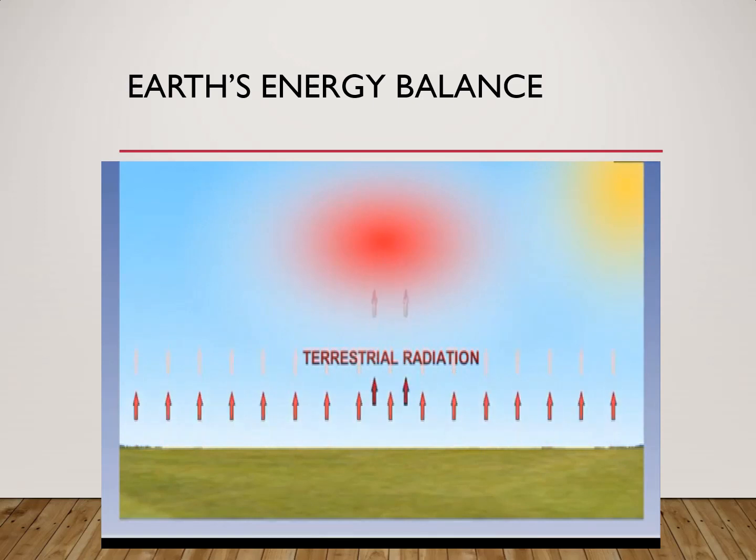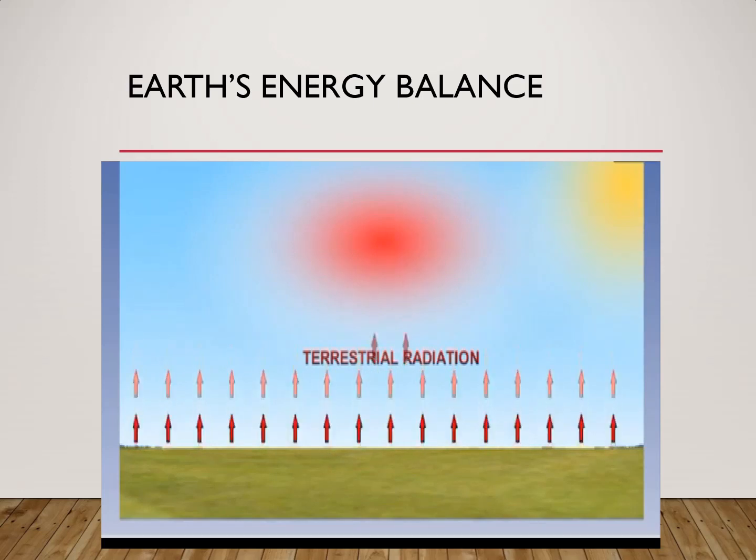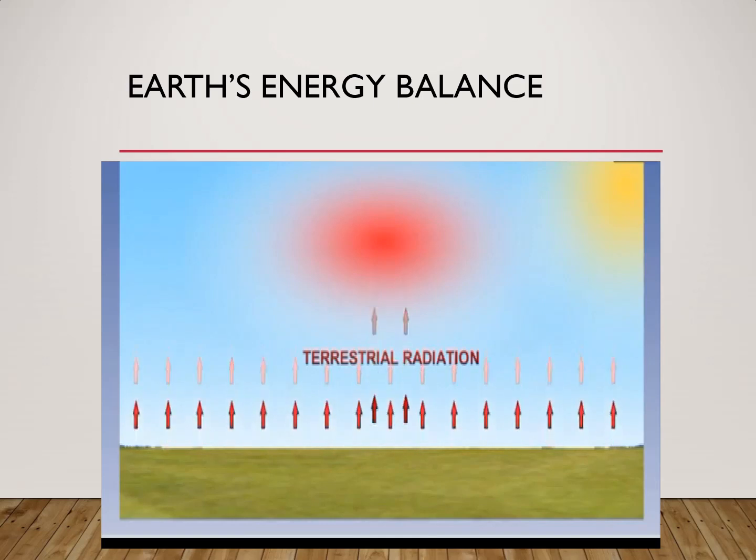This is how the atmosphere is heated up during the night. The atmosphere does not become very cold during the night, as CO2 and H2O absorb this terrestrial radiation. This explains how the atmosphere is heated more during the night than during the day.